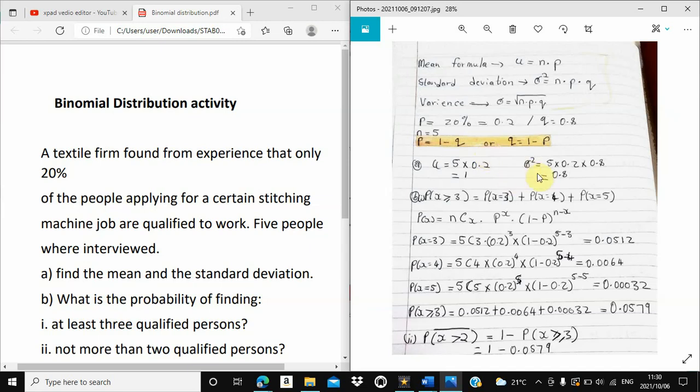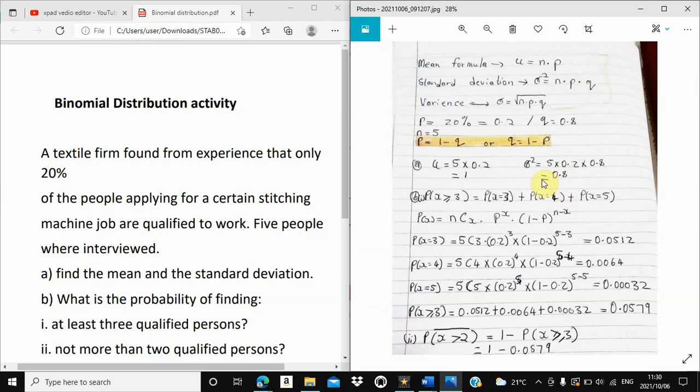Don't forget that our standard deviation is the square root of the sample space times the probability of success times the probability of failure. That's why here we said 5 times 0.2 times 0.8, and the product is 0.8. Then our 0.8 is our standard deviation.